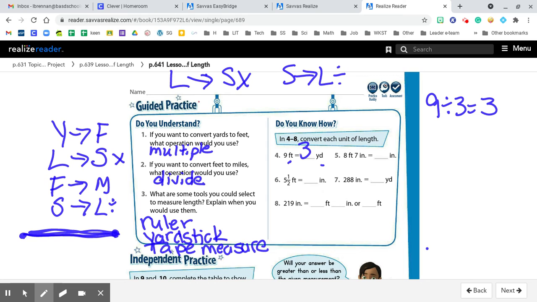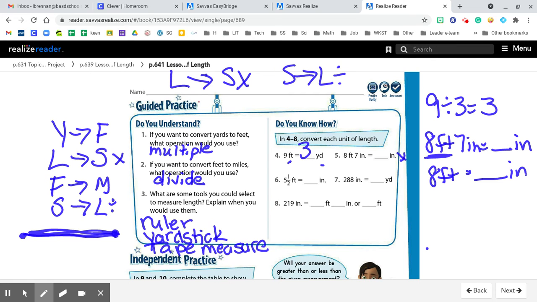For number 5, we're going from feet and inches to inches. So we're going from a larger unit to a smaller unit. So we're multiplying for this one. 8 feet, 7 inches equals how many inches? Well, what we really need to figure out is 8 feet equals how many inches, and then we'll just add the 7 back in.